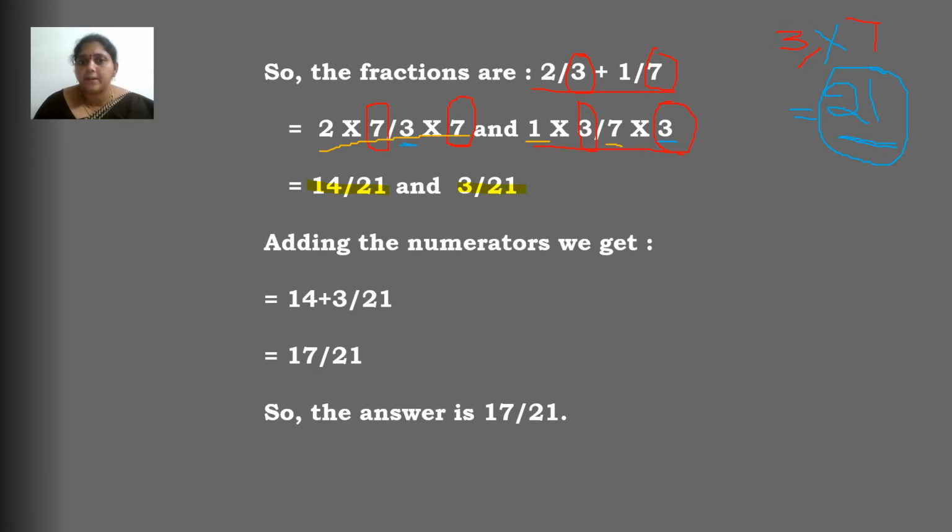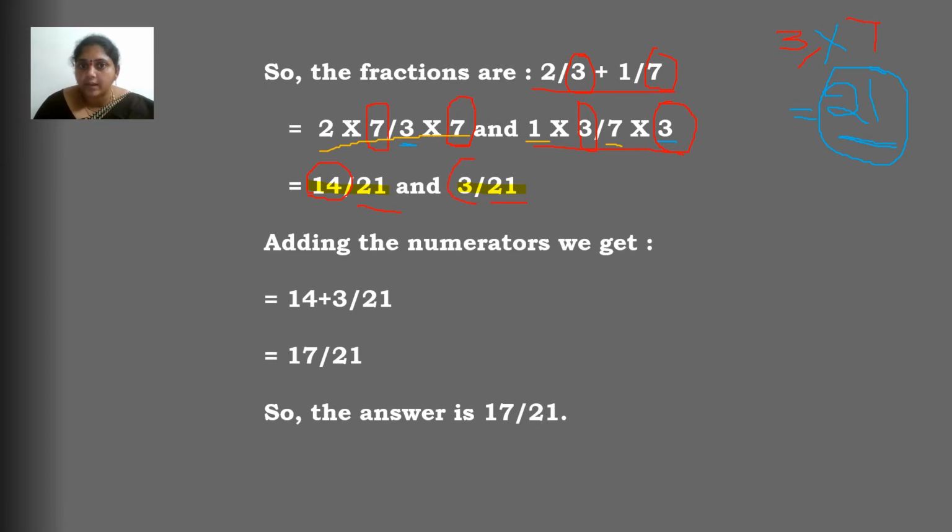If you compare here, now the denominators are equal, 21 and 21. Now these are like fractions. Now how to do addition here? Just add the numerators. What are your numerators? 14 and 15.